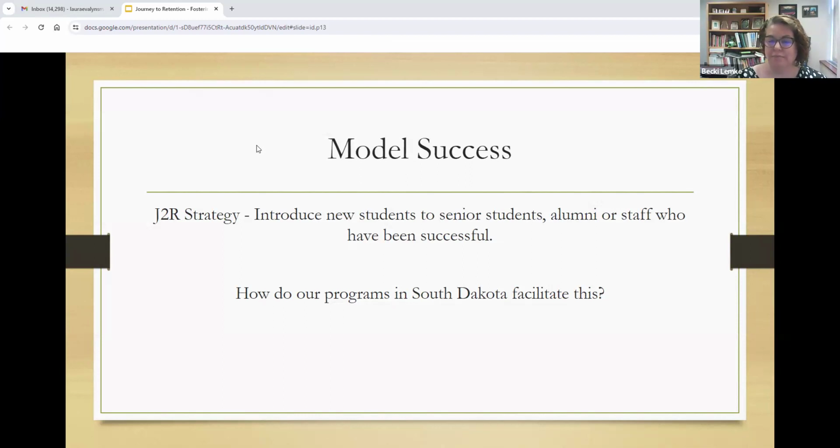We always try to share graduation photos on our Facebook page and let everyone see those. But maybe going one step further and inviting them to come in to a class or two and share their experience as a student and what it took for them to be successful could be a good practice as well.